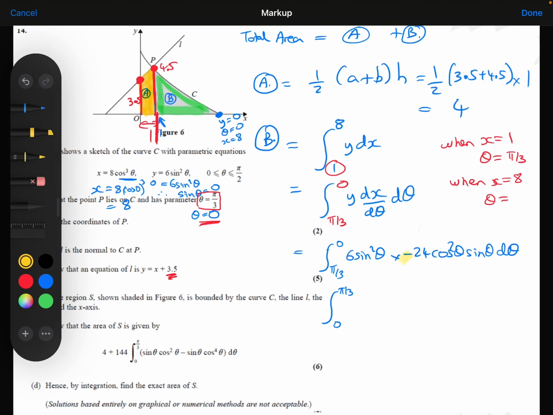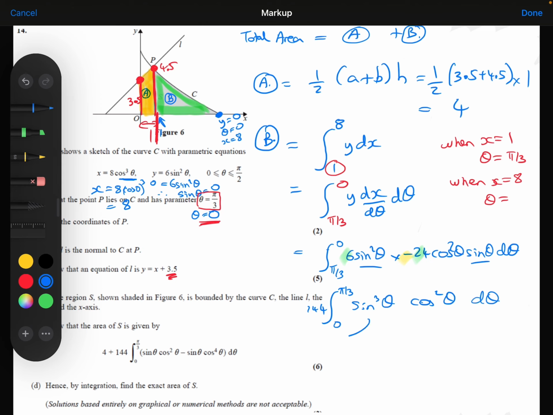What else have we got here? We've got the 6 times the 24, which is 144. So I can take that outside. And then I'm left with the sine squared times sine, which is sine cubed, times cos squared.